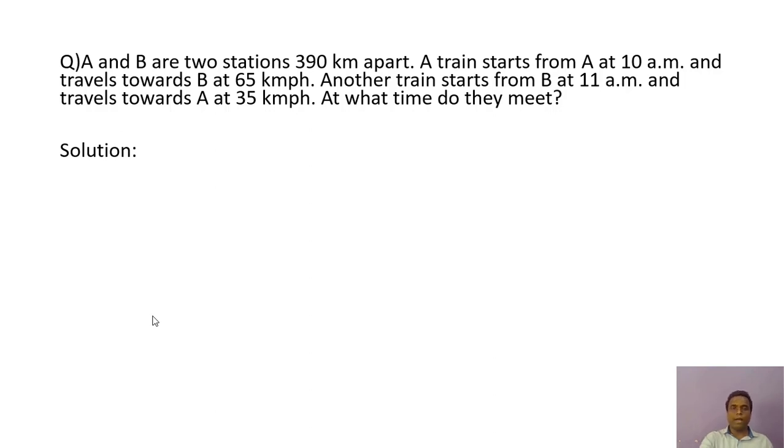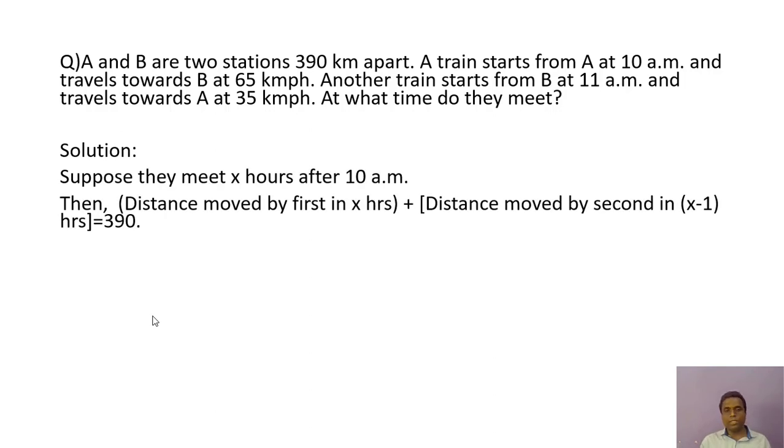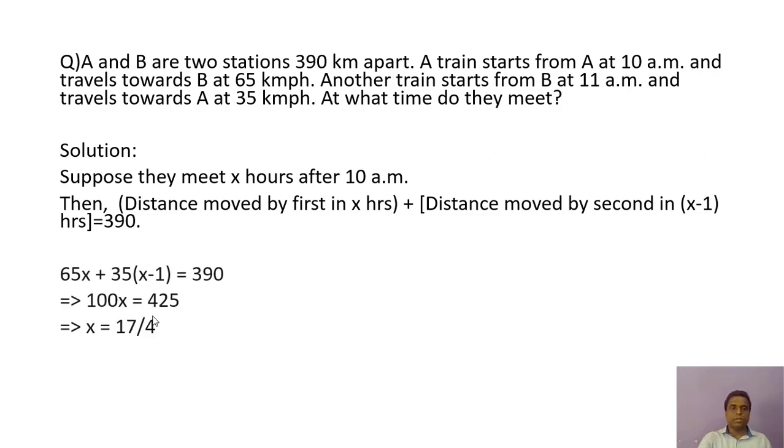So now we will have the relation: distance moved by the first train in x hours plus distance moved by the other train in x minus 1 hour is equal to 390, right? Then we have a general equation of speed, time, distance relation. 65 into x plus 35 into (x minus 1) is equal to 390.